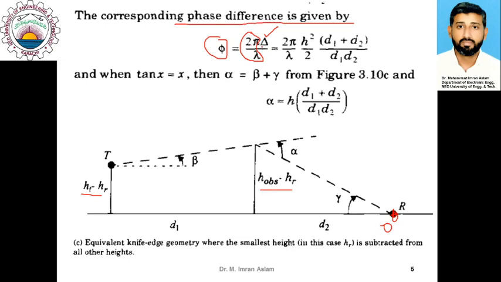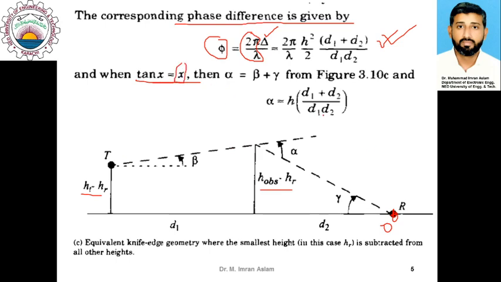Secondly, because these angles are assumed to be small, these tangents are approximately equal to their angular values.